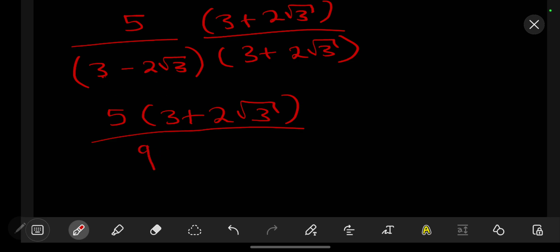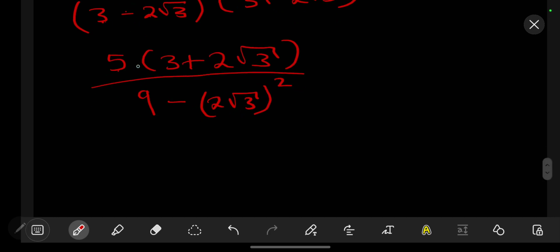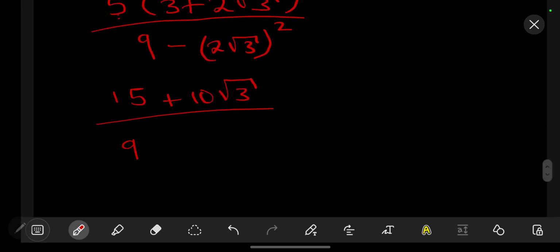So this is the same as having 5 open brackets 3 plus 2 square root of 3 over, we have our 3 times 3. So the first number with the first number, it will be 3 times 3, it will be 9. Then we have this one, we say minus, negative times negative, positive, it will be minus. We are going to get the whole thing, 2 square root of 3, then raise this to the power of 2. So we are going to have 5 times 3, it will give us a 15. 5 times 2, it will give us plus 10 square root of 3 over, we have a 9 minus, these two can be distributed, so this is the same as having 2 squared times the square root of 3 squared, like that.